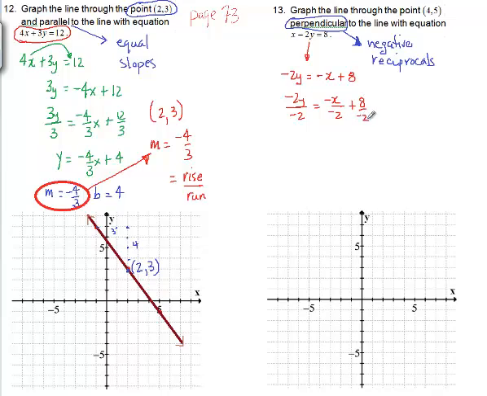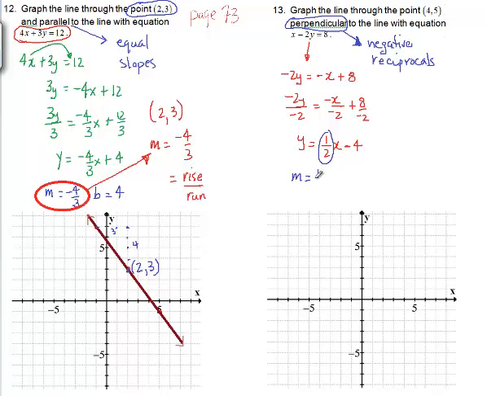And I get y equals negative over negative, which is positive, 1 understood to be in front of that, so 1 over 2 x minus 4. Again, I'm only concerned with the slope here because I have another point to draw through. Now the slope, you can see, is 1 over 2.